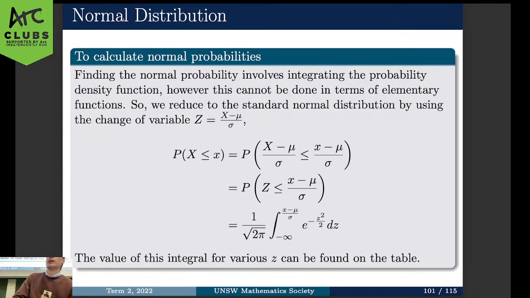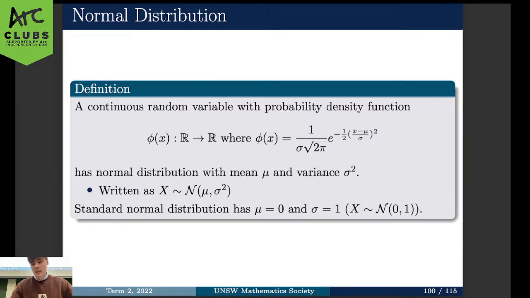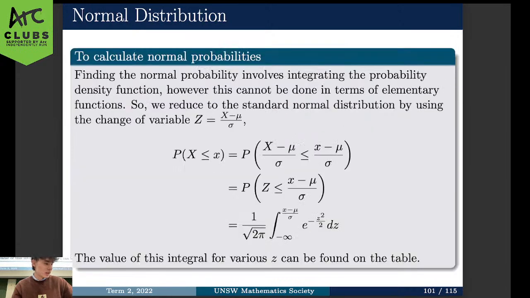To calculate normal probabilities, this function is not integrable in terms of elementary functions, so we use the standard normal table. If we transform our random variable to the standard variable Z by taking (X minus mu) over sigma, we can determine our probability values from a table or using Maple.